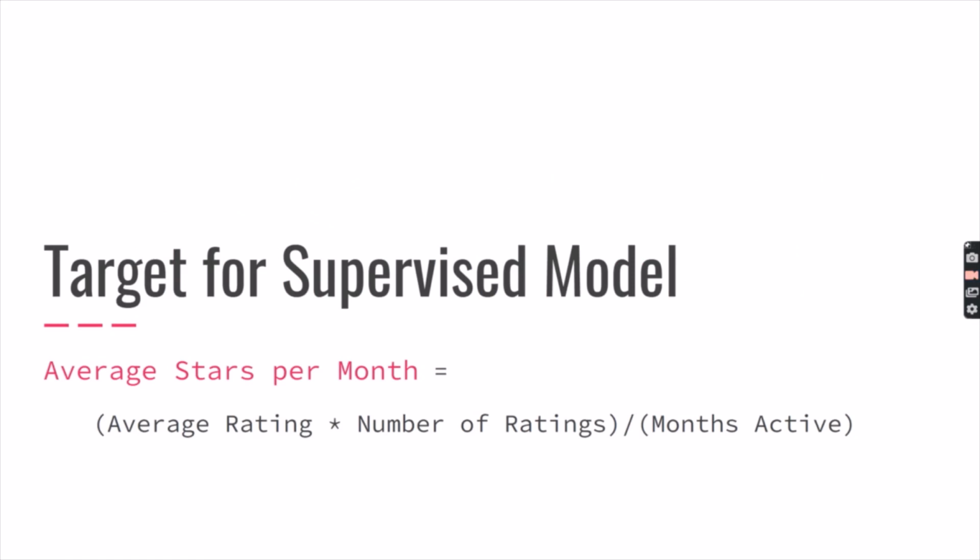So my target, which is the Y of my supervised model that I'm trying to predict, I ended up making average stars per month. That's the average rating, so of all the reviews, what's the average rating times the number of ratings. So this is how many stars the shop has gotten total divided by the number of months that the shop has been active. I wanted to do this to prevent the data being skewed high for shops that had only been around for a little while.